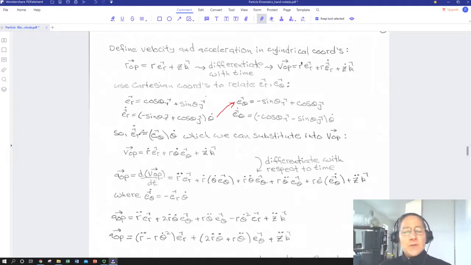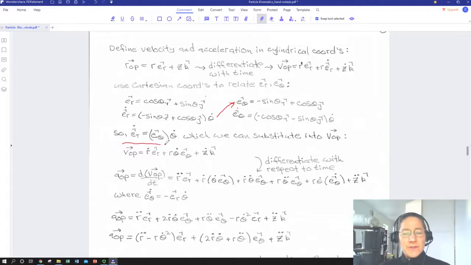So again, from the previous page and from these two expressions, we can say the first time derivative of my r hat, my radial vector in cylindrical, is my plain theta hat times my scalar d theta dt. Great.